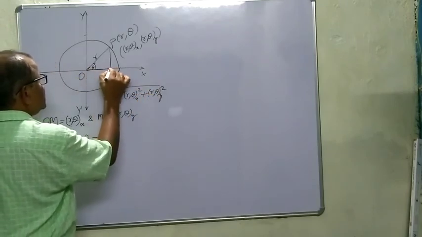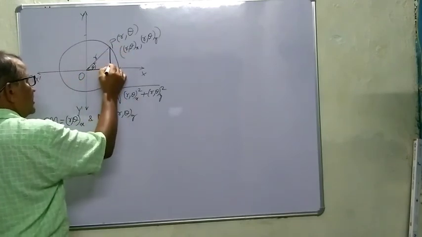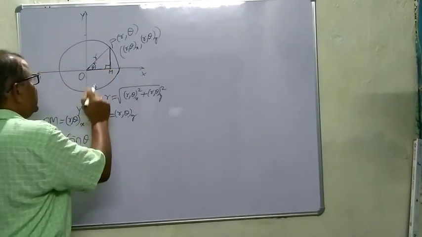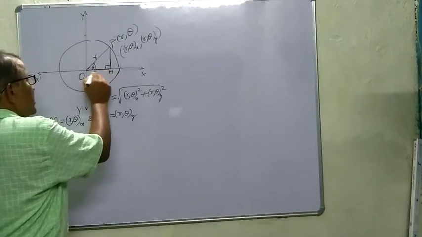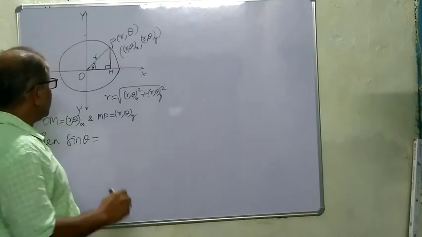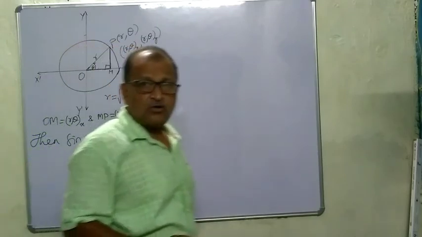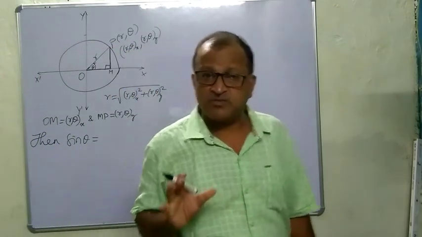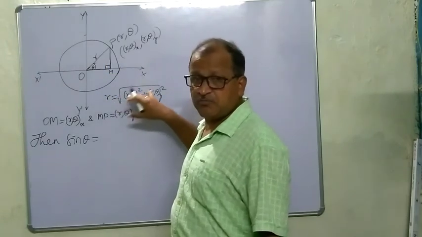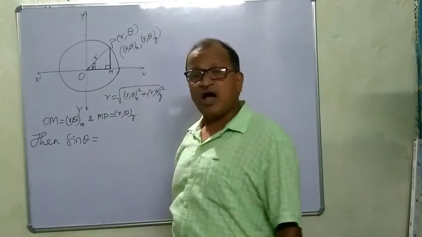We have dropped a perpendicular here, so it is a right angle triangle where this angle is 90 degrees. This is r theta x, this is r theta y. In Pythagoras theorem, the square of the hypotenuse is equal to the sum of the squares of the base and the height. So it is r theta x square plus r theta y square. The square root of that will give you r.